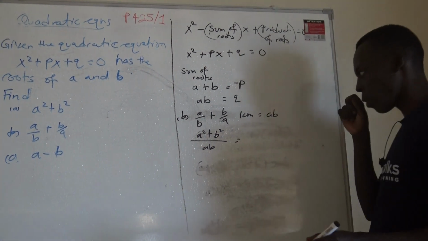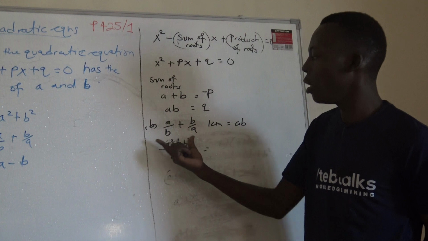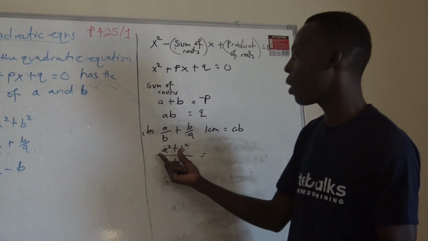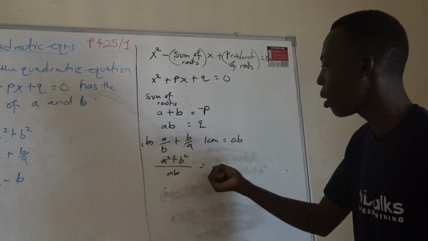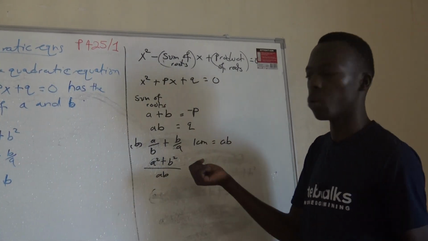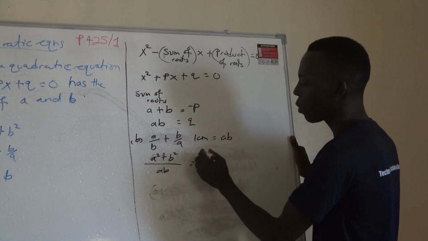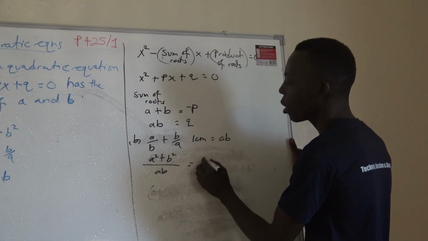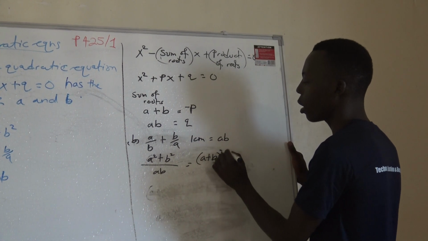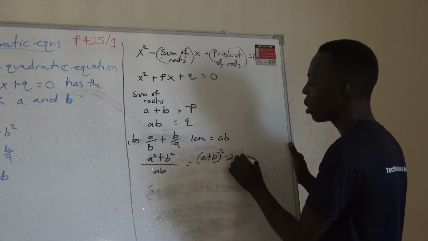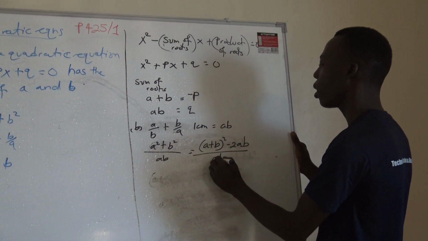For this case, we know what we got after dealing with this. We first get a plus b, then square it, then expand. But since we know what we got after expansion, we can just substitute. So this is the same as a plus b, the whole thing squared, minus 2ab, then divided by the other value, which is ab.